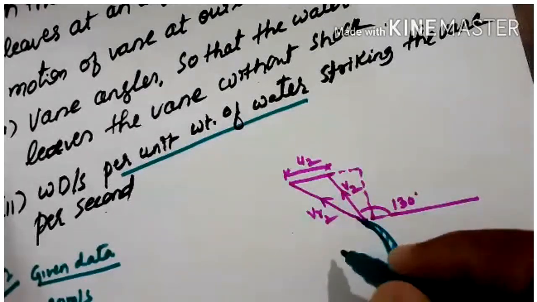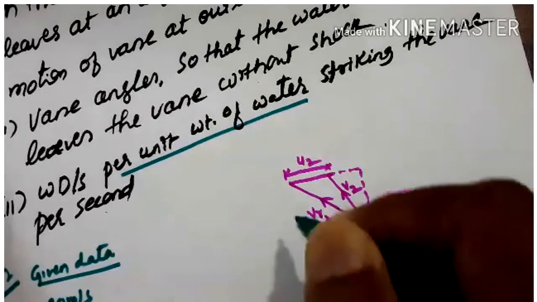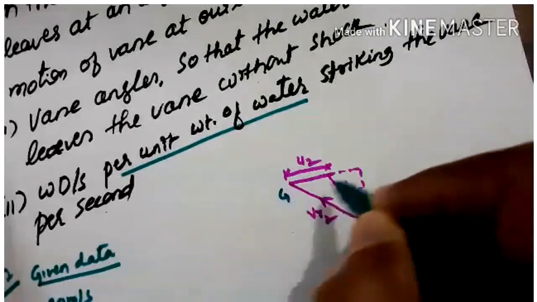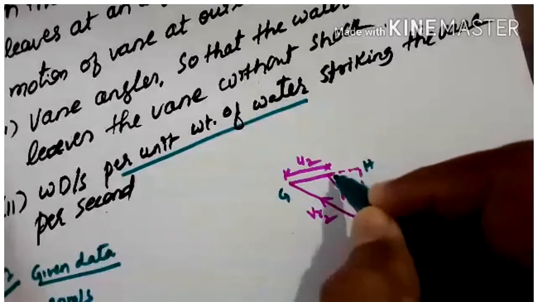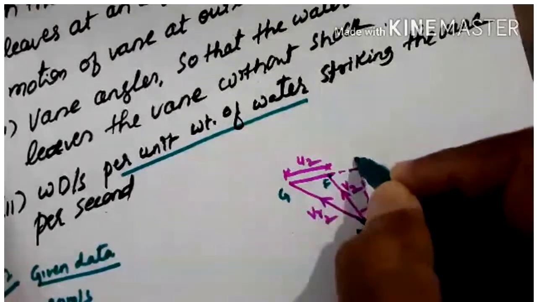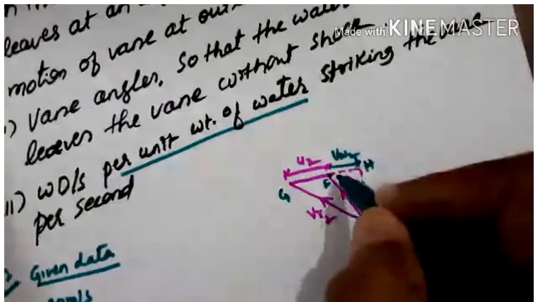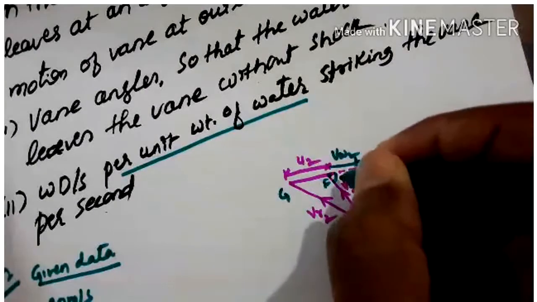Let us mark here E, G and H, and this will be F. This component is VW2, and this angle is beta.